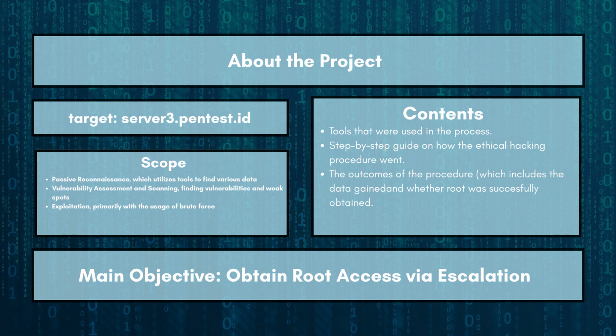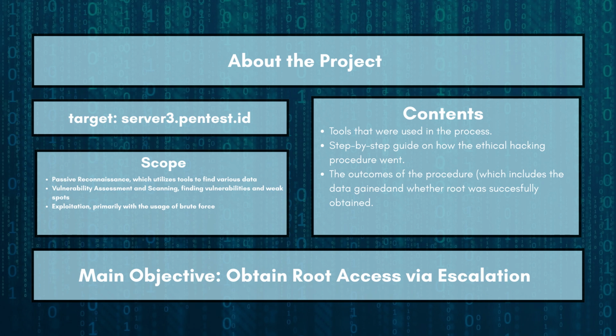So the scope is, first of all, to conduct passive reconnaissance, which utilizes various tools to find data that we might be able to utilize to exploit the server. Second is the vulnerability assessment and scanning, which is the part where we find the weak points and vulnerabilities that the server has and are easy to exploit.